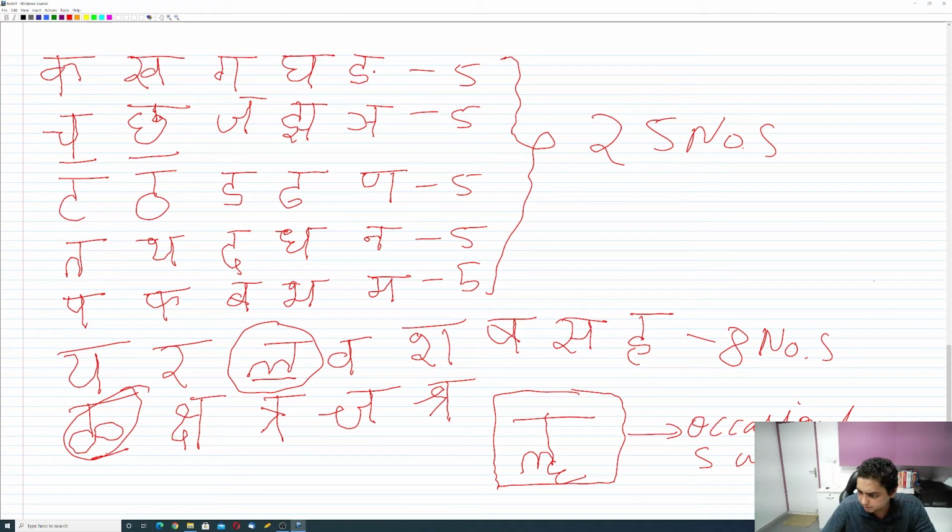So now we have covered all the 54 letters of the Sanskrit alphabet.